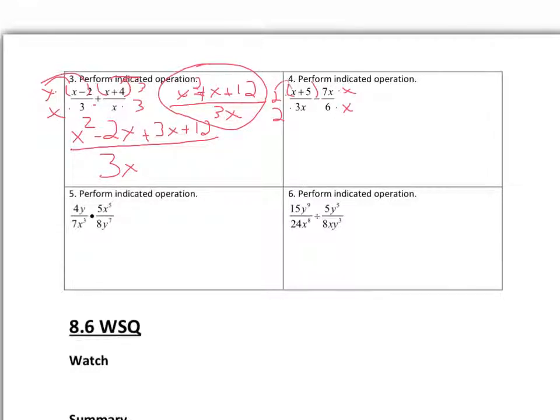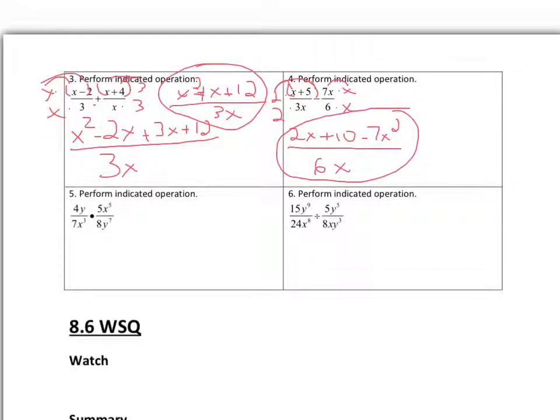So we have 2 times x is 2x. 2 times 5 is 10. X times negative 7x is negative 7x squared all over 6x. So that is our answer.